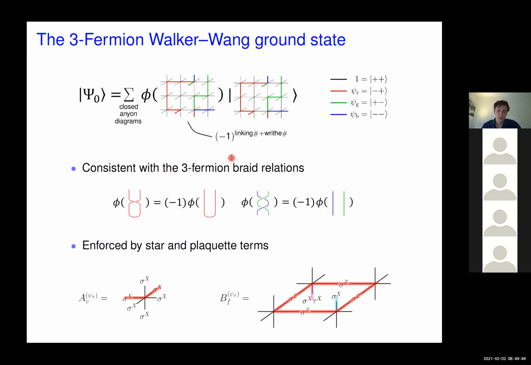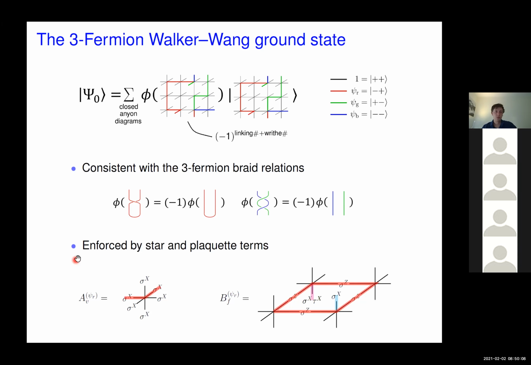You can simplify this whole thing and relate the overall coefficient to quantities in knot theory, the linking number and the Rieth number. This is a little bit subtle, and the main message is really just that the sign is plus or minus one, depending on the configuration.